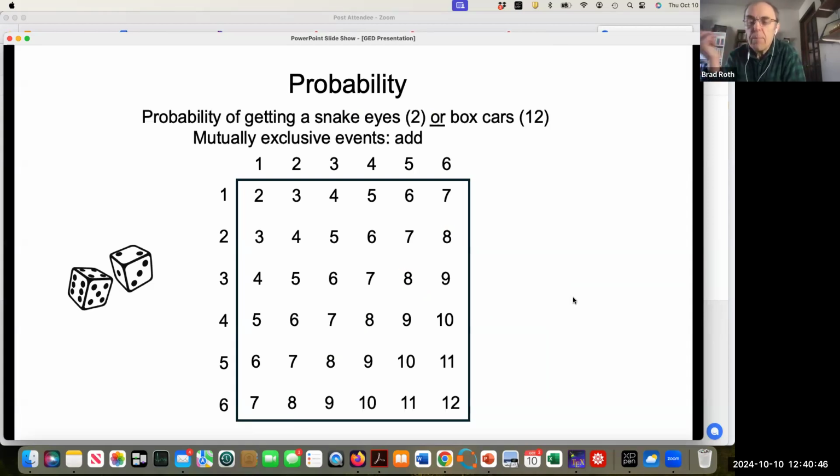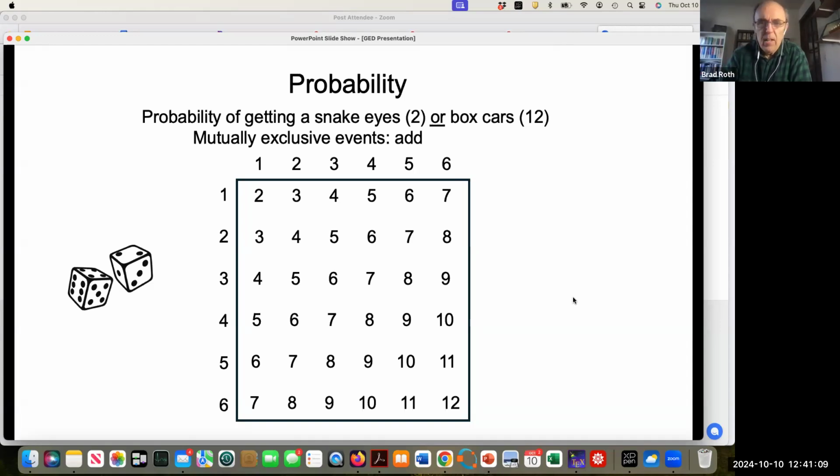Okay. Now, another couple things that come up in probability is if you have two probable events that are mutually exclusive. They both can't happen. One happens or the other. For instance, roll 2 dice and you get snake eyes, which is 1, 1, or roll 2 dice and get boxcars, which is 6 and then 6 on the other. Well, you can't get both of those. You're either going to get one or the other.